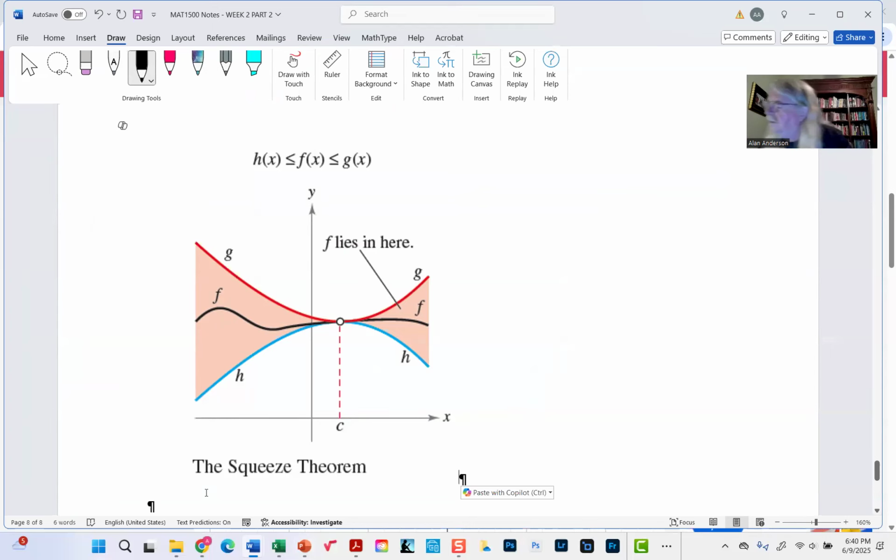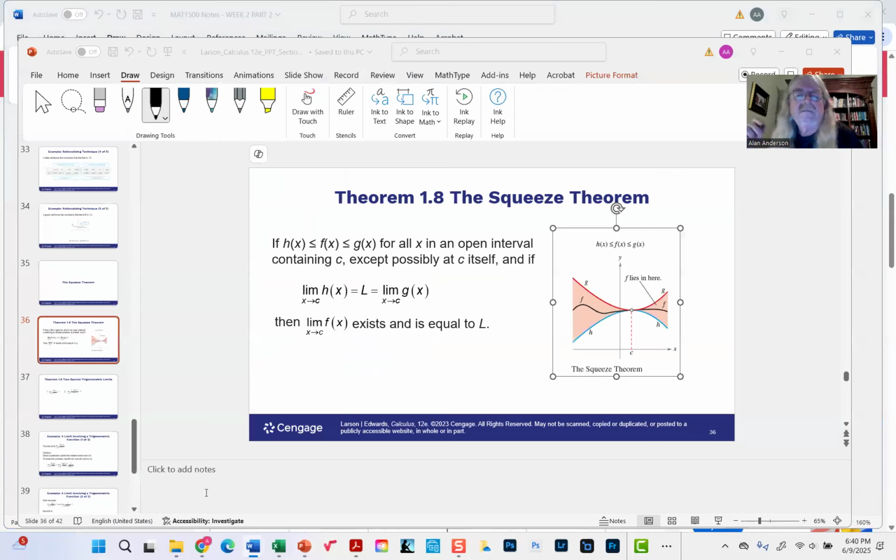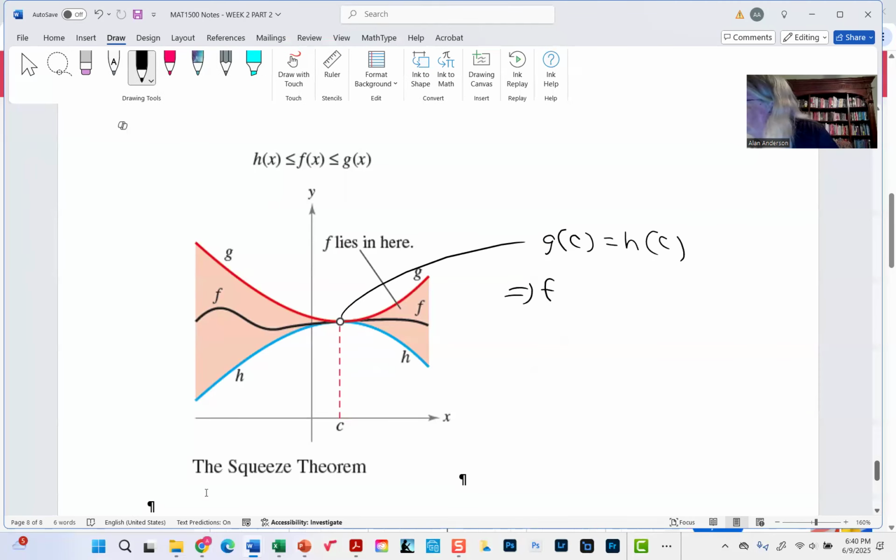In other words, since c is the only point where they coincide, then we have the same result. You can write this out just a little bit more formally.